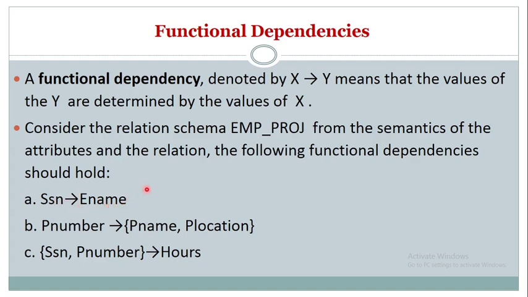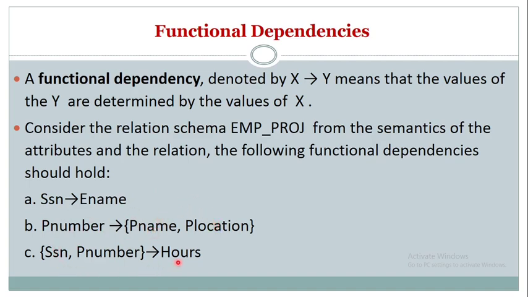At the same time, if I consider a student relation, student name can be determined by USN number. So USN determines student name. If I consider project number, the project number will determine project name and the project location.